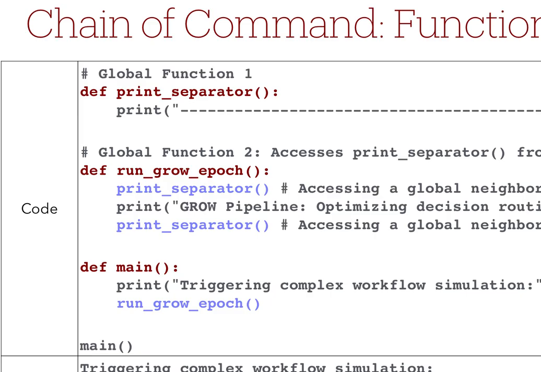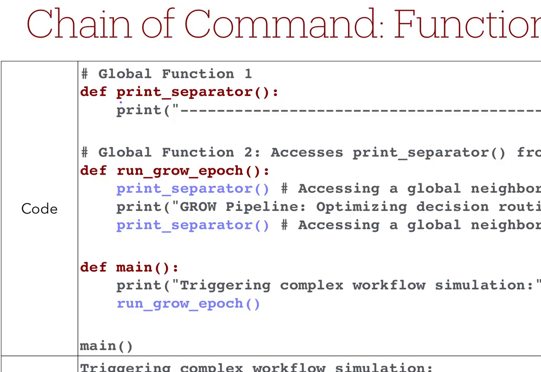So if I have these definitions, this print separator function and run grow epoch main function are defined without any indentation. That means these functions are global, meaning those functions can be called at any place. The print separator function is defined outside of the run grow epoch function.